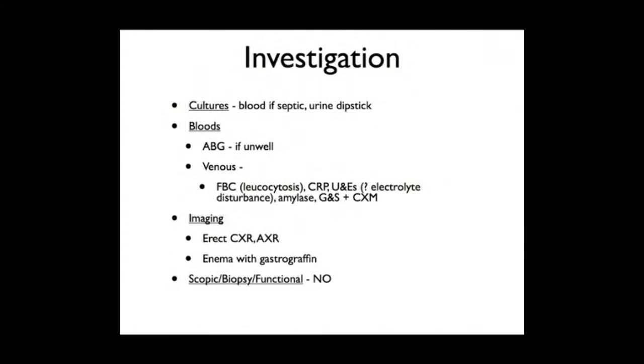U's and E's are important because if there's an electrolyte disturbance, this could be causing a non-mechanical obstruction. Amylase, because of the nature of abdominal complaints, always do an amylase. And if you're thinking about surgery, you want to do a group and save and possibly a cross-match.